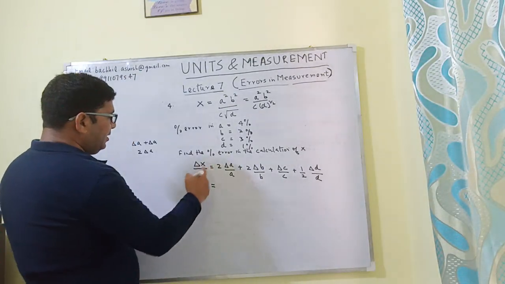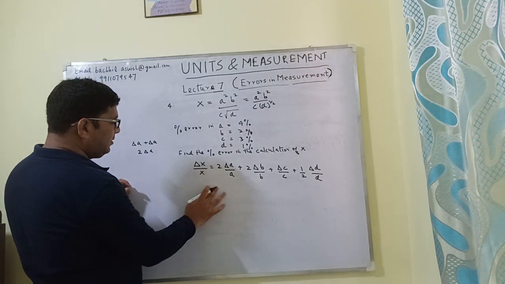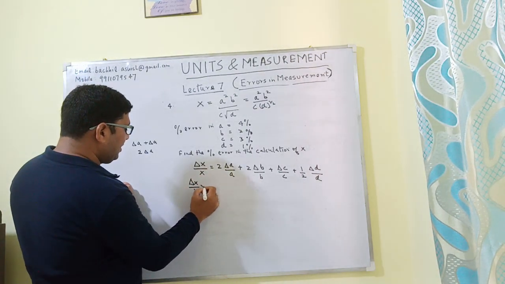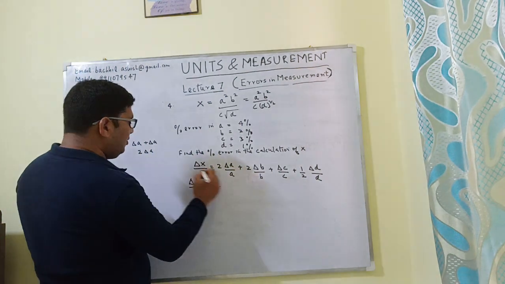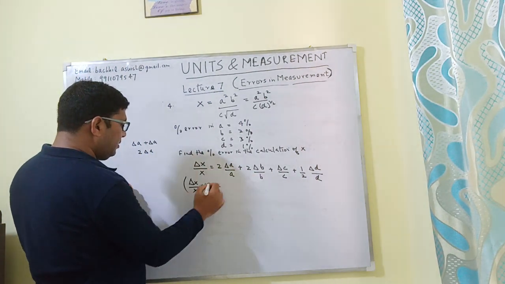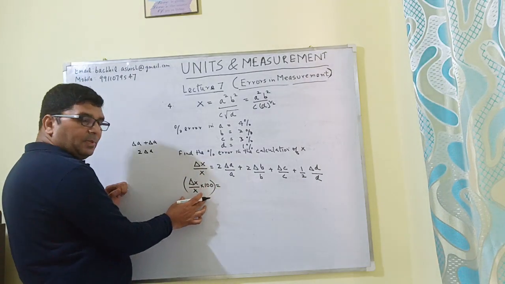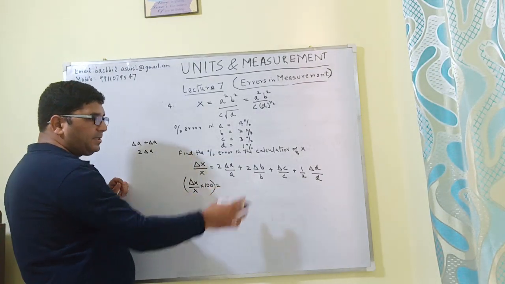So, the percentage error is what? Delta x by x into 100. So we will multiply this entire left hand side and right hand side by 100.